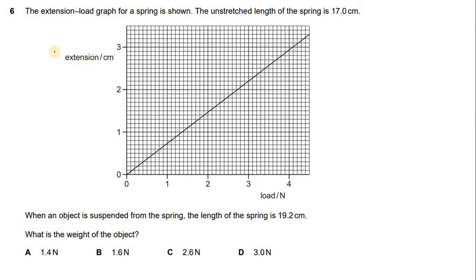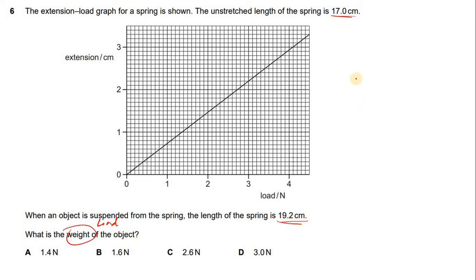Question 6. The extension load graph for a spring is shown. The unstretched length of the spring is 17 centimeter. When an object is suspended from the spring, the length of the spring is 19.2. What is the weight of the object? The weight of the object, in fact the load that we are hanging, is what gives us the extension.